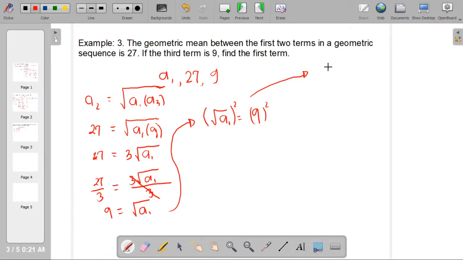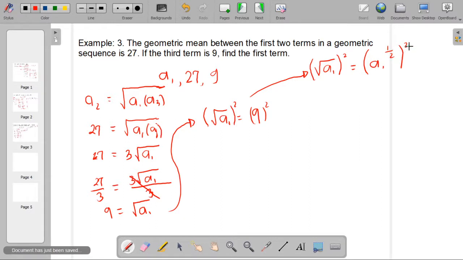Okay, let's recall a little. When you say square root of a sub 1, in exponential form that would be a sub 1 to the exponent of 1/2. And what happens there? You square it. If you apply one of the rules of exponents, which is power of a power, you multiply these two exponents.